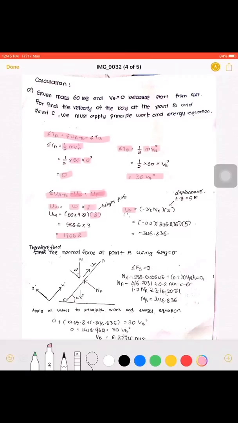For UF, the formula is mu k and A times S. This one has a negative because the friction is going in a different way. The friction is going this way while the particle is going the other way, so it makes it negative. If it's positive, it will be in the same direction, like this or like this.